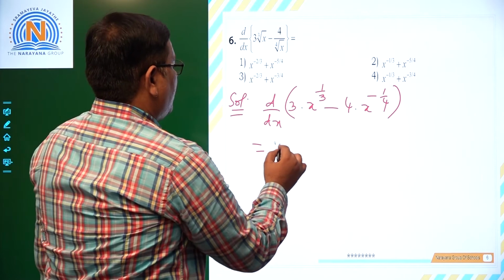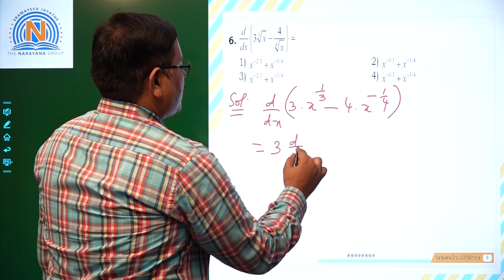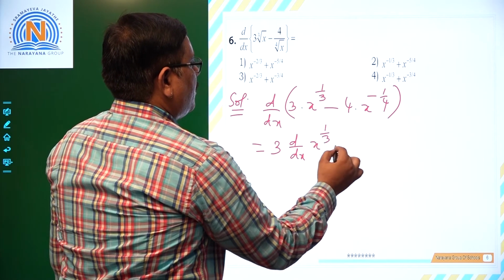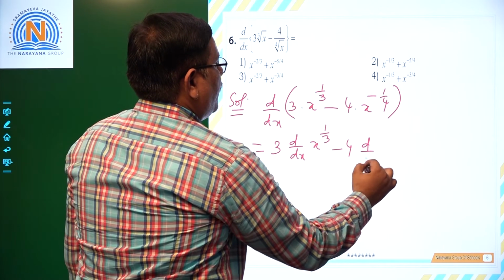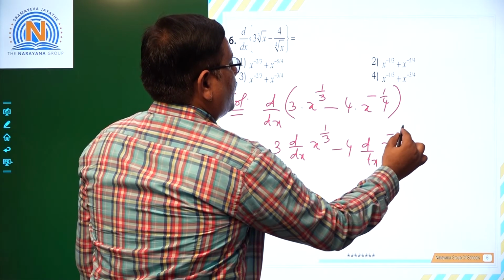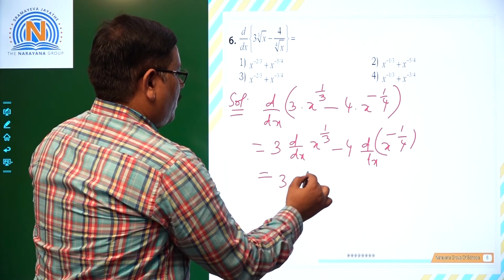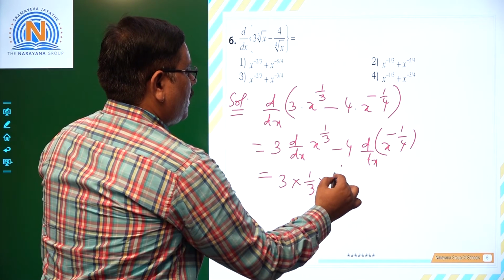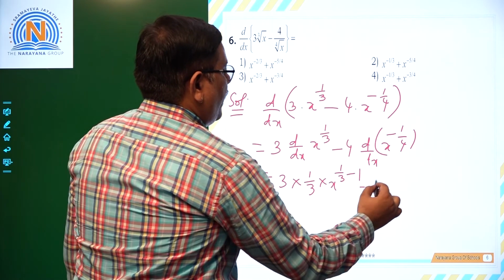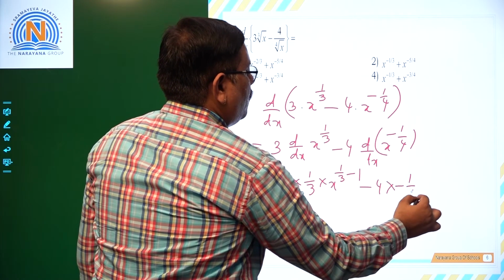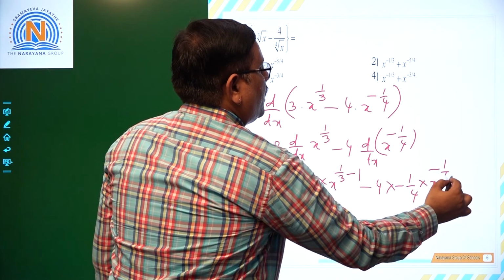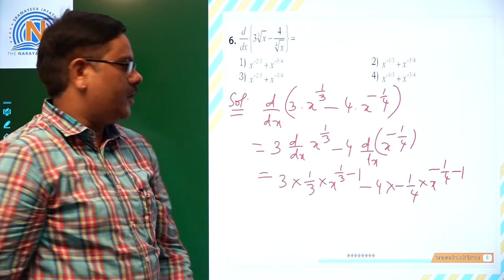Again, we will simplify that. That is 3 into d by dx of x power 1 by 3 minus 4 into d by dx of x power minus 1 by 4. Okay? That is otherwise 3 into n into x power n minus 1 minus 4 into n into x power n minus 1, that is minus 4, 1 by 4 minus 1.